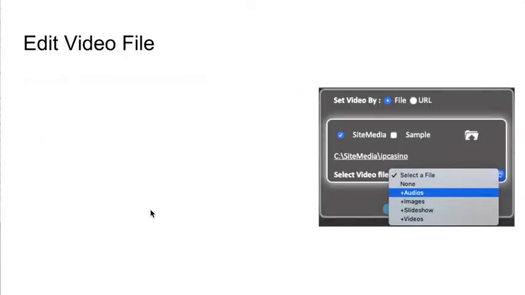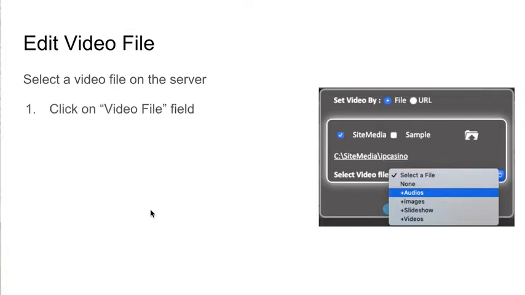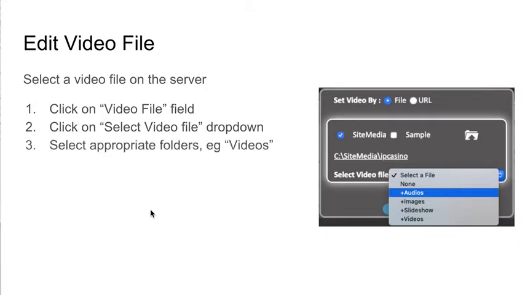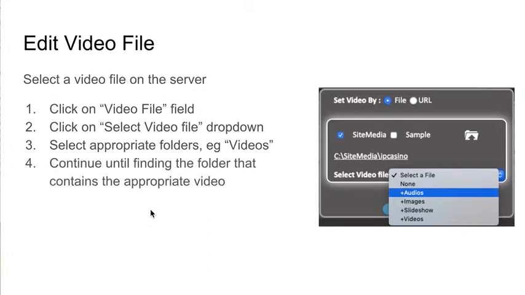Now add a video file. Click on the video file field. Then a dialog shows up. And then click on the select video file drop down, and go through the drop down to browse through the folders and the video files, and select the video file, and say OK.